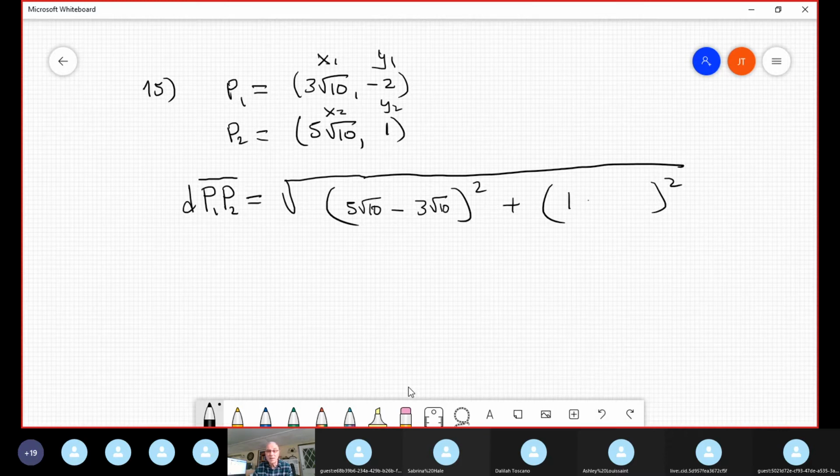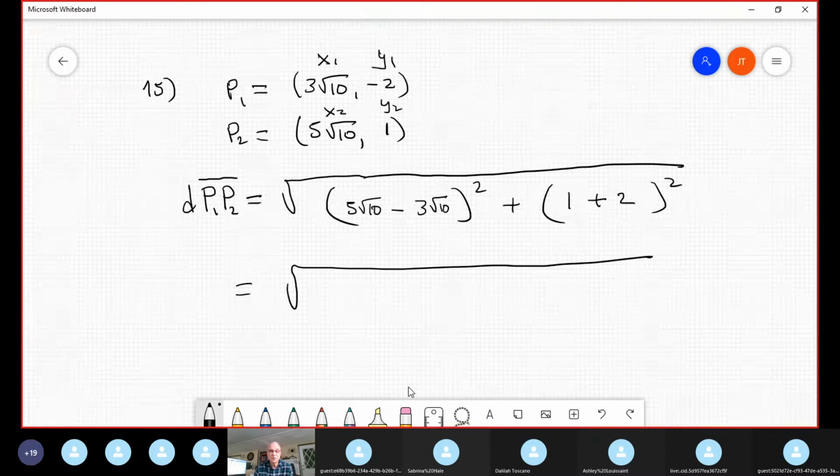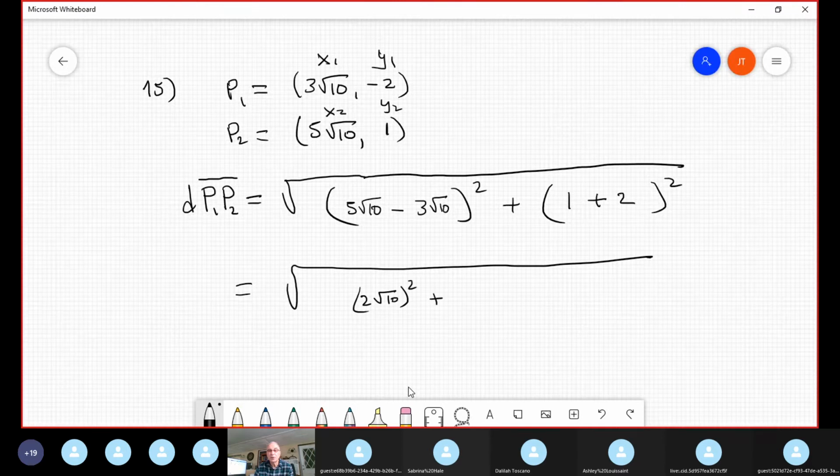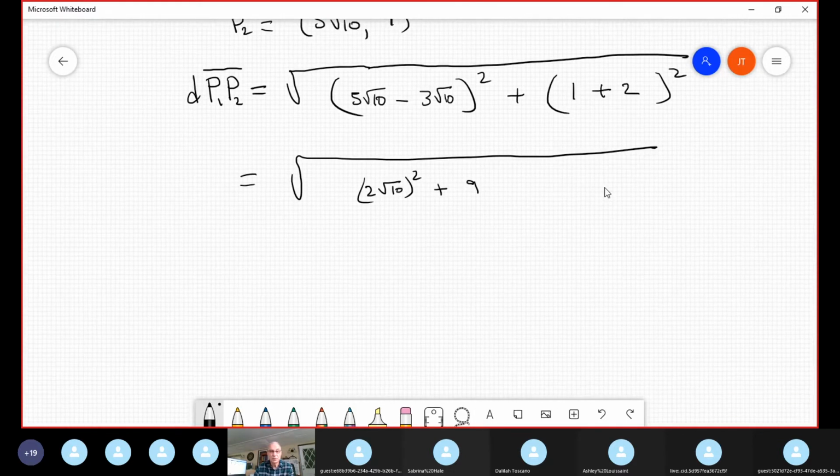So 1 minus 2, double minus: the minus of the formula and the minus of the value become positive. Okay, ready. Now the next step, you subtract 5 radical 10 minus 3 radical 10, which is 2 radical 10, squared, plus 1 plus 2 is 3. 3 squared is 9. In the next step, you square. 2 squared is 4.